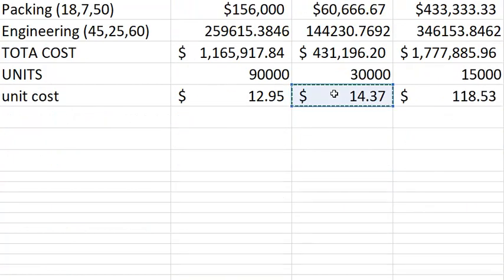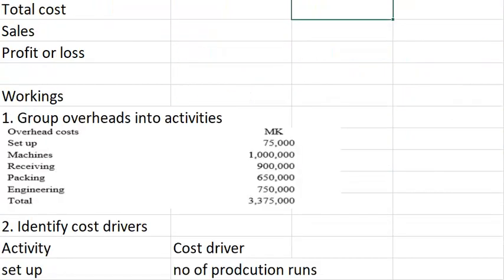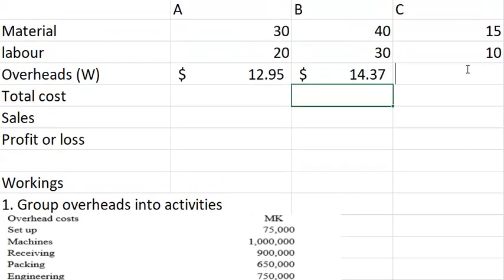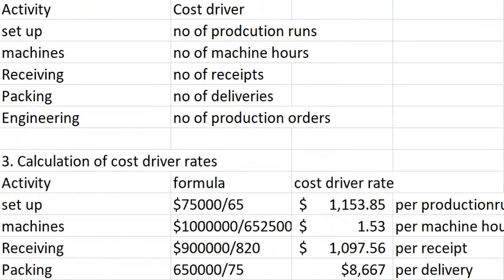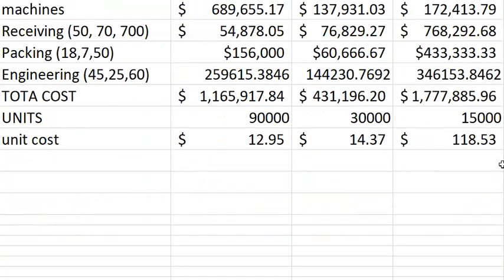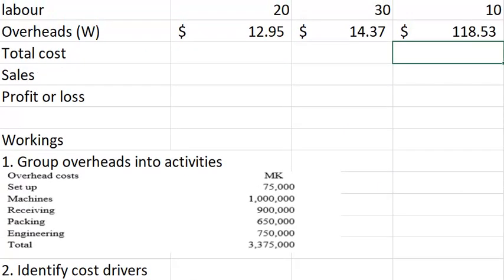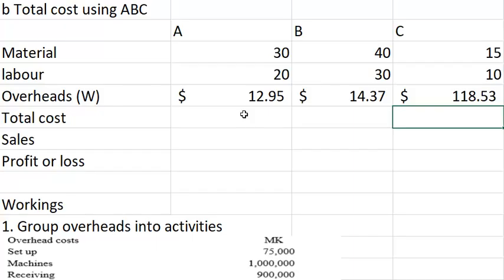I believe you people are writing. And then see, we are going to copy this. Okay, so you see whatever we're doing, we're just focusing on overheads. So now let's calculate the total cost. I still have a problem with my Excel.